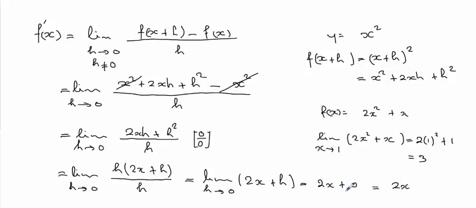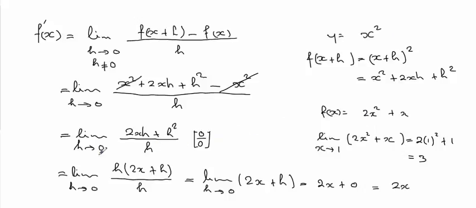So what I want to reiterate is this point here: whenever you see this kind of situation, please try to see if you can find some factorization which will make you bypass this obstacle of getting an indeterminate form, then compute the limit and arrive at that. So in this case, this would be the derivative of f of x, where f of x was given as y equals x squared.